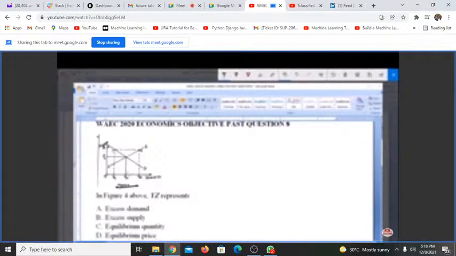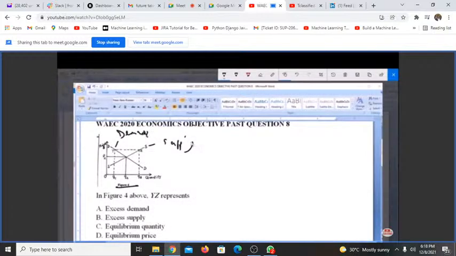So in this figure, this graph, you have a demand curve and a supply curve plotted together on the same price quantity axis. So this is the supply curve and this is the demand curve. So they are plotted on the same price quantity axis.